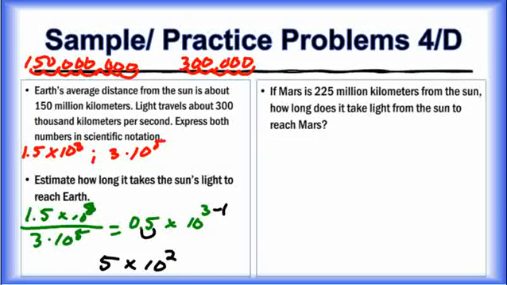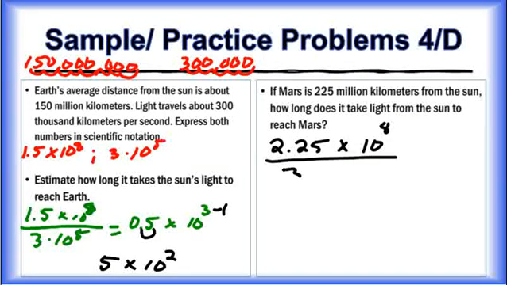And if Mars is 225 million kilometers from the sun, how long does it take light to travel from the sun to reach Mars? So if we write 225 million kilometers, like the Earth was 150 million kilometers, so Mars in scientific notation would be 2.25 times 10 to the 8th.